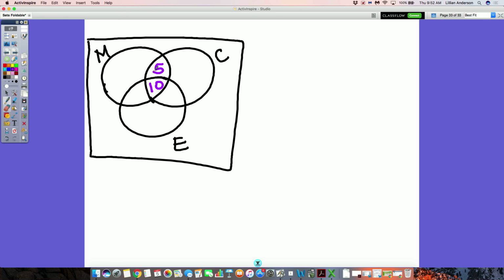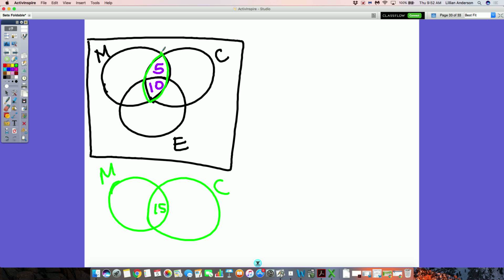So if I were to look at just the music and the chemistry bubbles, the intersection should be 15. And so this piece right here is indeed 15. Now the ones who studied only music and chemistry was 5. That took out the 10 who studied economics as well.